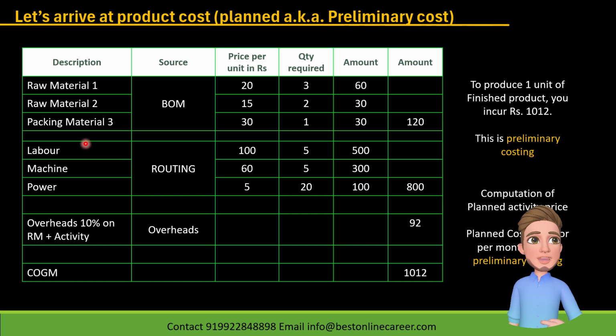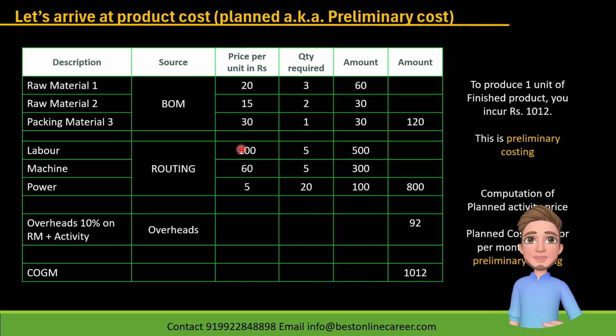Now you see on the left side, I have labor cost and machine power. Okay, these are applied using routing. Now in my previous slide, I showed you how I computed the per unit price. I have here 80,000 by 800 hours. I got 100.